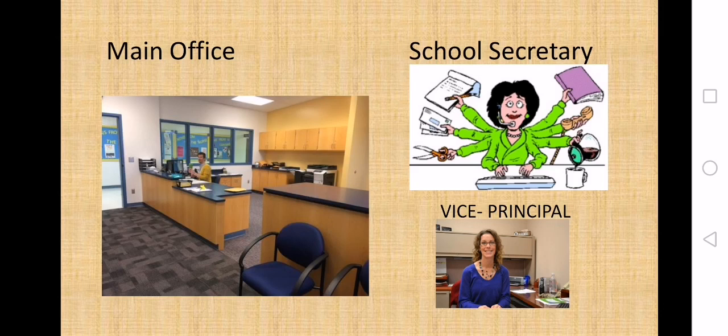You also find the vice principal, whose function in this case is to help out or take a decision when the principal is not there. As you can see in the picture, the main office is actually really big. You have photocopies, you do everything there in the main office.